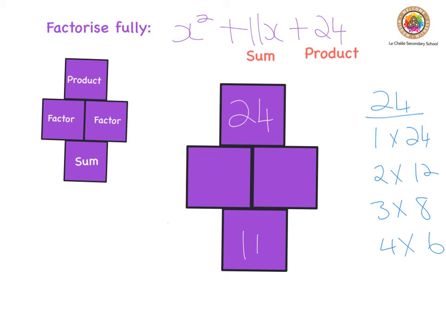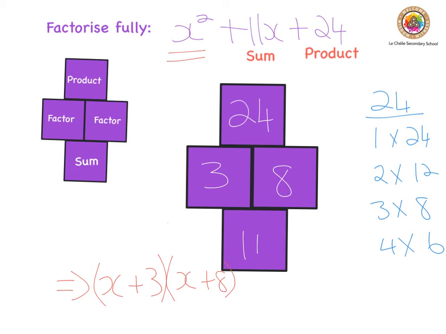So they're the ones that I am going to write in here, 3 and 8. And then down here, that's what I'm going to put with my x. Each of my x's, because I know the factors of x squared, that's x. So here, very quickly, I tidied up and I say my factors of that are going to be x plus 3 and x plus 8.